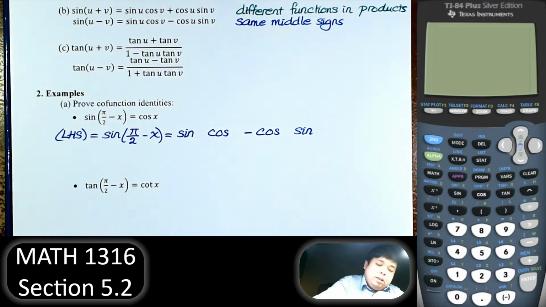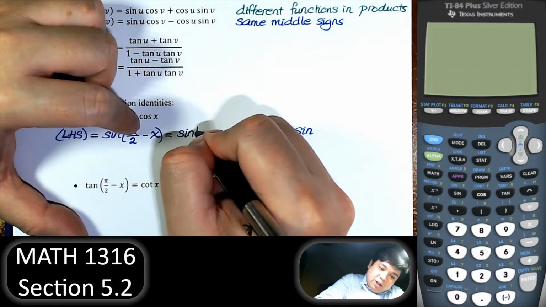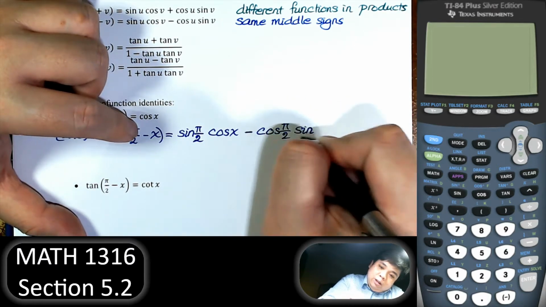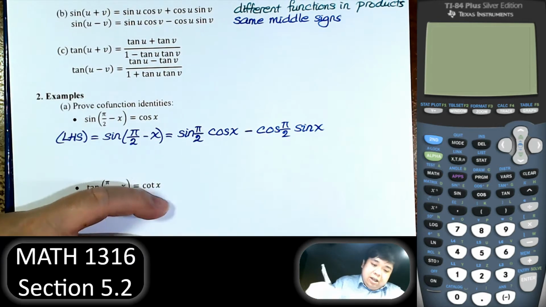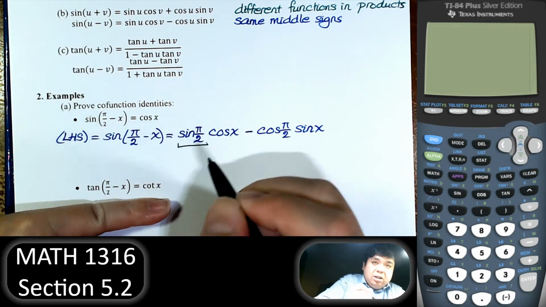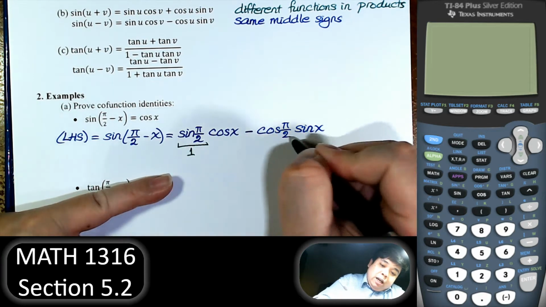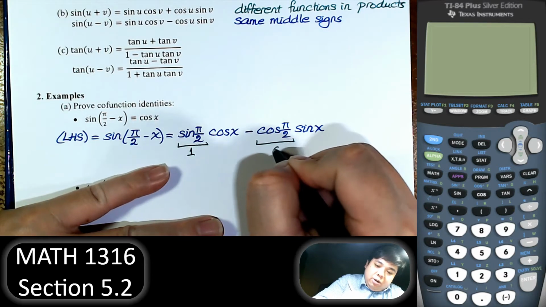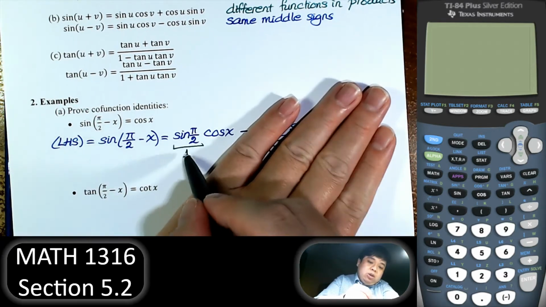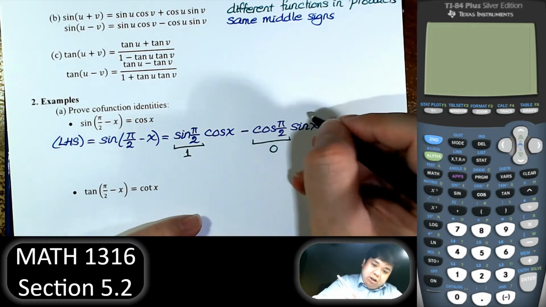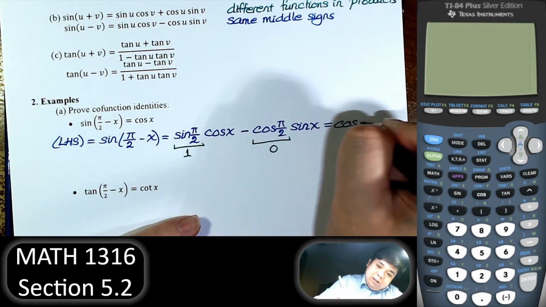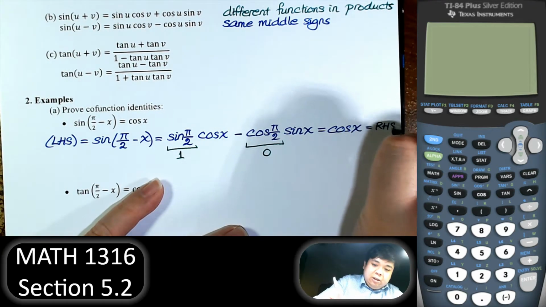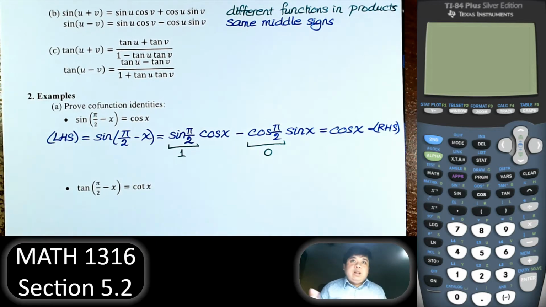The angles are pi over 2 and x. Next, sine of pi over 2, or sine of 90 degrees, is going to be 1, and cosine of 90 degrees is 0. Zero times anything is 0. So we just have 1 times cosine, which is cosine. Which is good. And that is the right hand side.